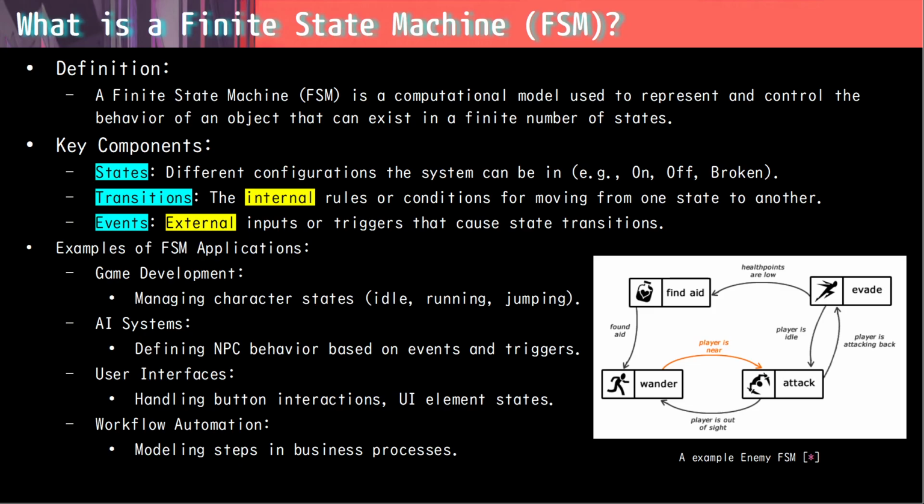Before I write any code, I would like to introduce the idea of the FSM diagram. Let's take a look over here. This is an example of an enemy finite state machine, captured from the website over here. Here is a link, and here is the finite state machine. Let me introduce the idea.